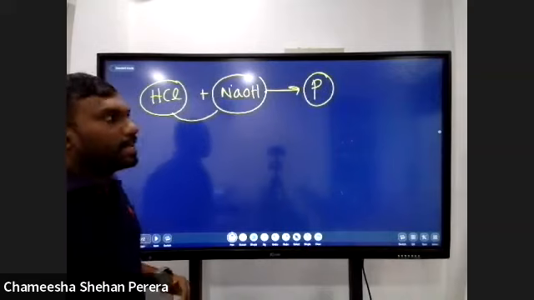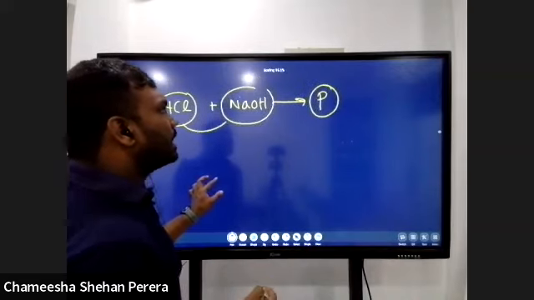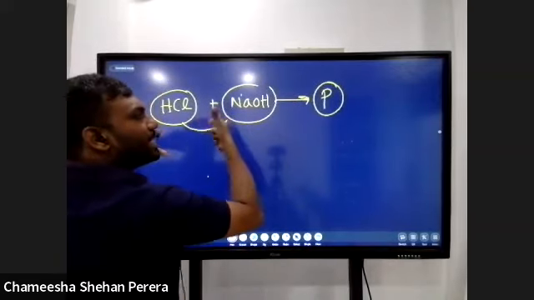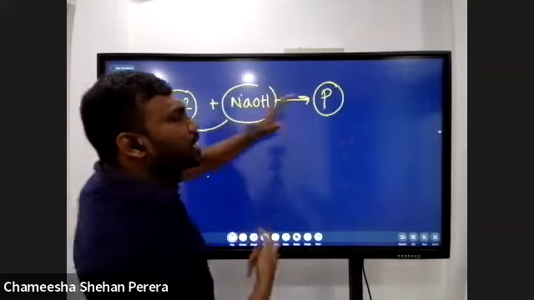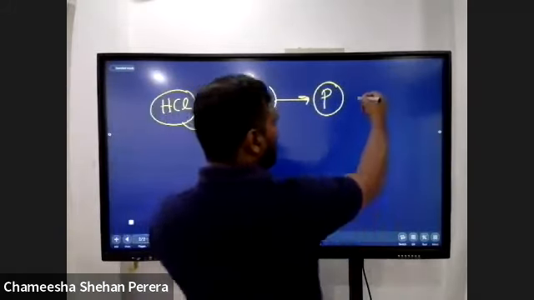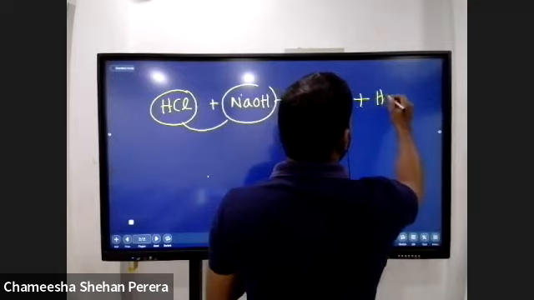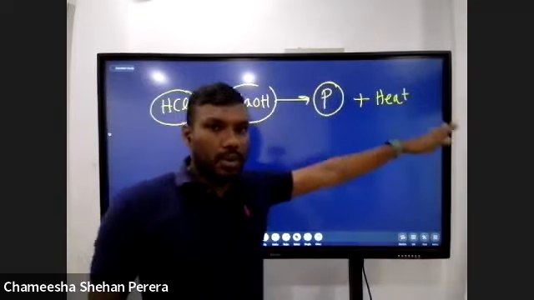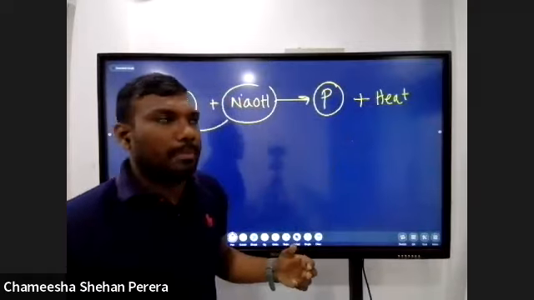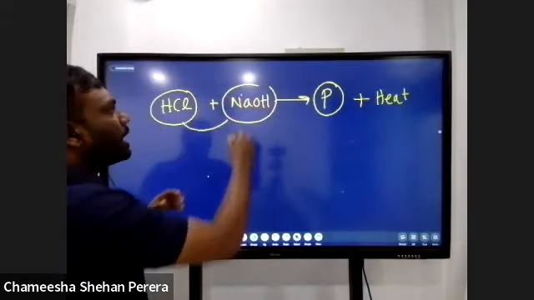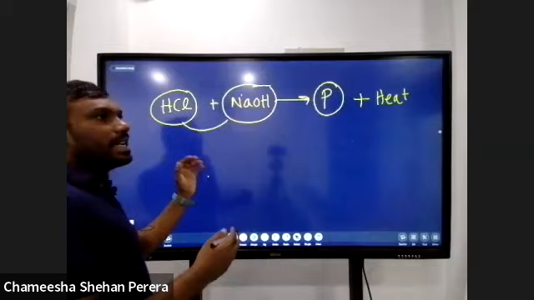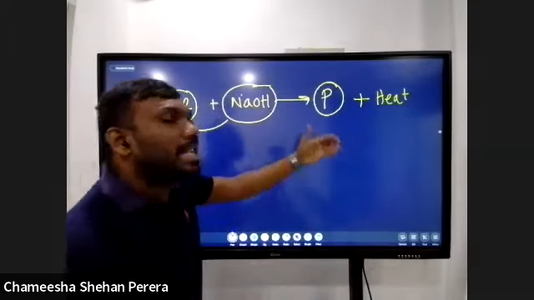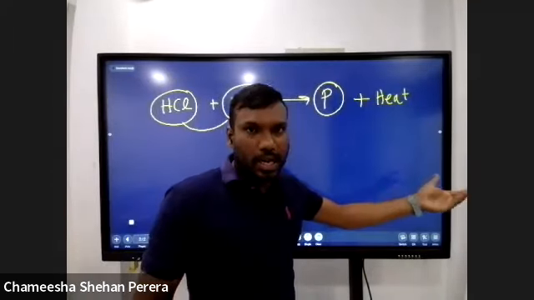Though we add them as a bulk, each molecule has to meet each other and react to give you the product. Products include heat as well, because if you can remember, during this reaction, heat was evolved out. So for this reaction to happen, each molecule of sodium hydroxide and HCl has to meet each other. Then only the products will be formed, including the heat.